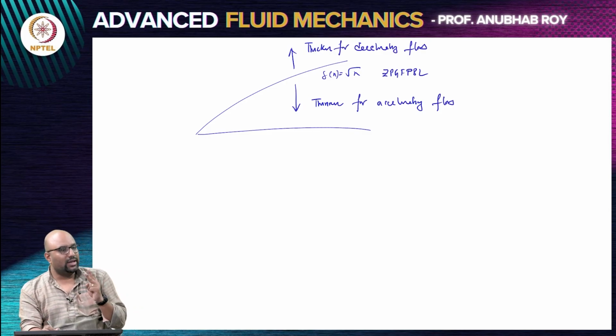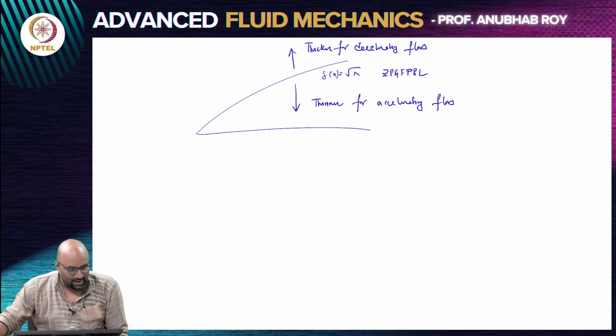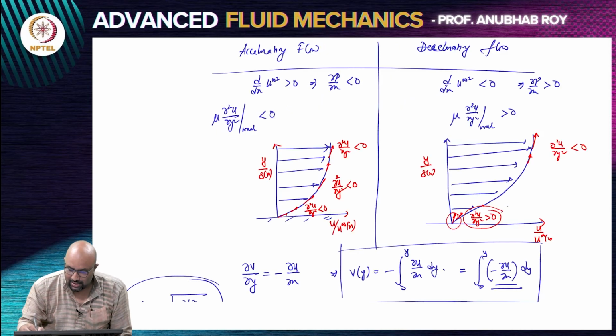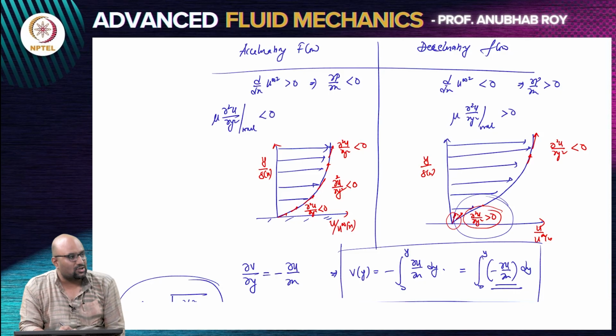So we learned two key ideas here for decelerating flows. The first is that the shear stress at the wall starts to decrease for decelerating flow, because you have a case here where the curvature is opposite signed at the plate than in the accelerating scenario.